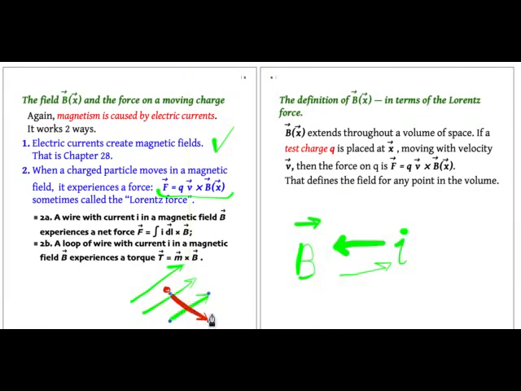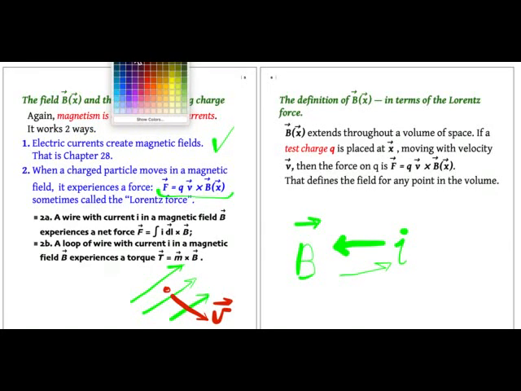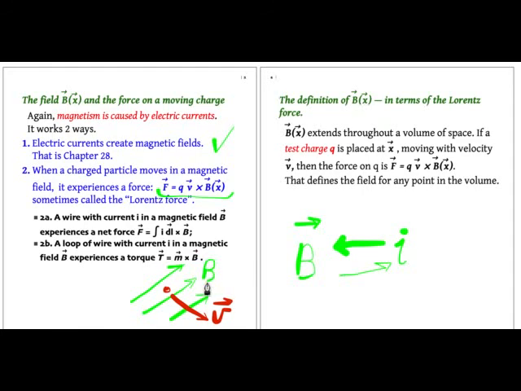The velocity is in a direction that crosses the magnetic field. In other words, it has to be in a direction which is not parallel to B. I'll review the cross product in a minute, but you've probably encountered cross products before. The cross product of two vectors that are in the same direction is zero. So in order to have a force, the velocity vector and the magnetic field vector have to be crossing, have to be in different directions.